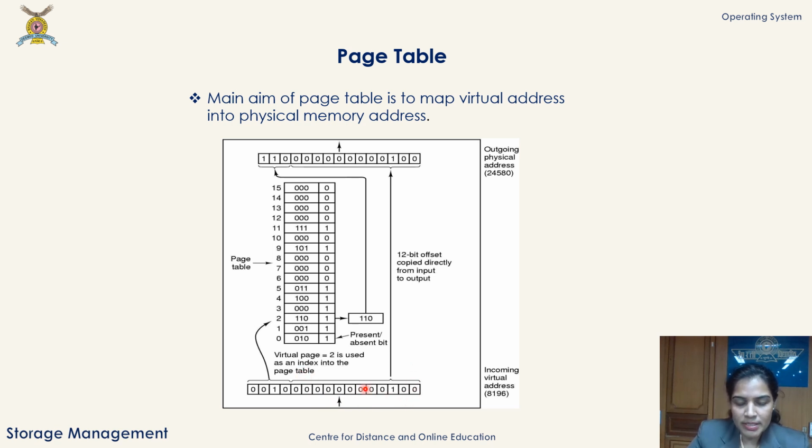The virtual address is divided into two parts: the virtual page number, the higher order bits, and the offset, the lower order bits. The virtual page number acts as an index into the page table where we'll find the entry for that virtual page. Next to the index in the page table, the page frame number exists. The page frame number replaces the virtual page number, and then the offset is attached at the lower order end.